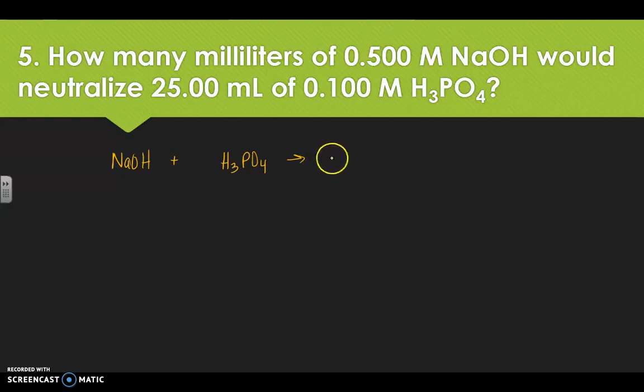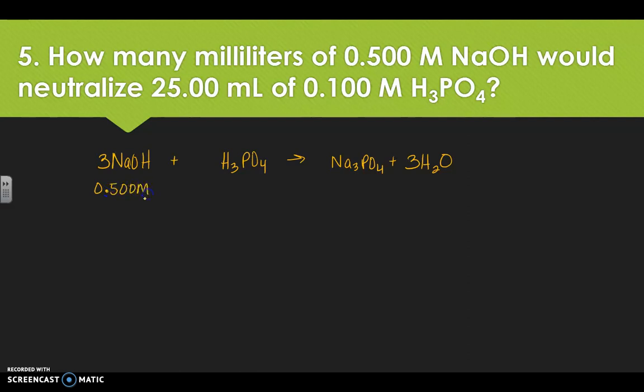We're going to end up with Na3PO4 and H2O. Then we look, is it balanced? No, it's not balanced. We have 3 hydrogens here, 1 phosphate. We have 2 hydrogens here, 1 phosphate, 3 sodiums. So let's put a 3 here, and then we put a 3 here.